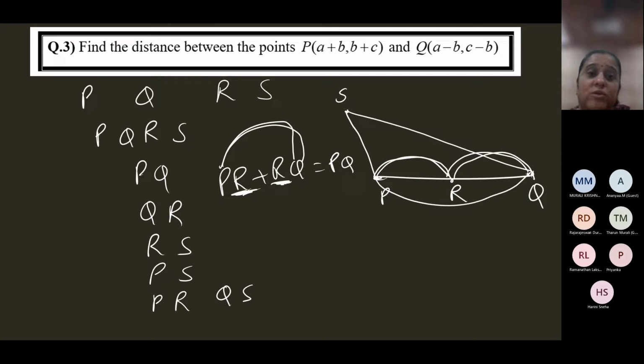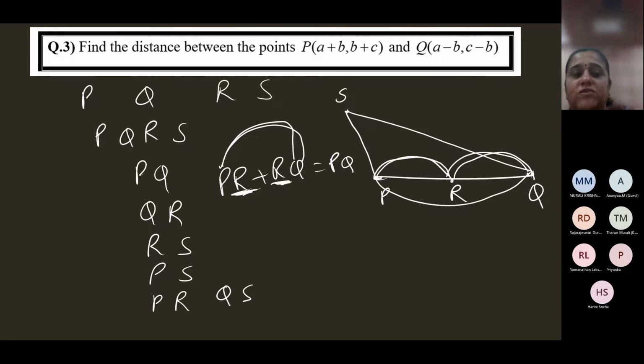You don't have to write that they form a triangle. How do you conclude after all this working? How do you know that the points P, R, and Q are collinear? Because PR plus RQ is equal to PQ. So the conclusion is: the points P, Q, R, and S do not form a quadrilateral because the points P, R, and Q are collinear.